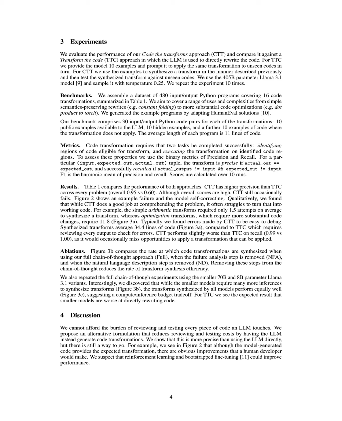Specifically, CTT achieves a higher precision score of 0.95 compared to TTC's 0.60, indicating that CTT is more accurate in producing the expected output from transformations. Additionally, CTT synthesizes transforms with an average of 34 lines of code, which is more manageable than the extensive review required for each output in TTC.